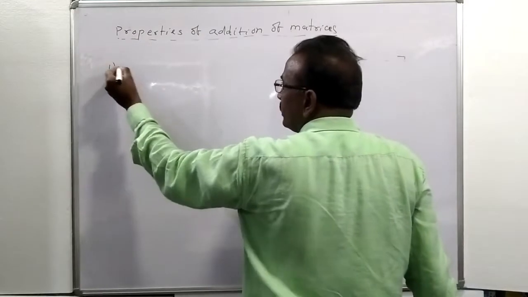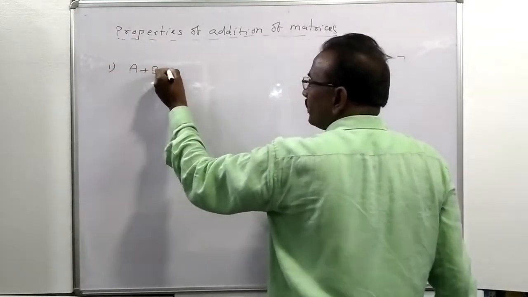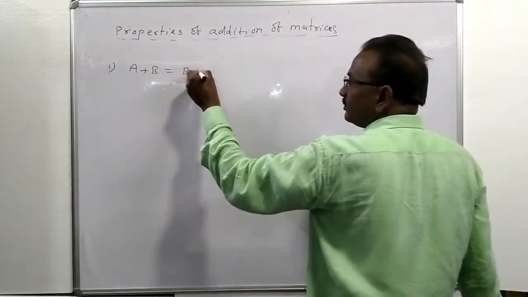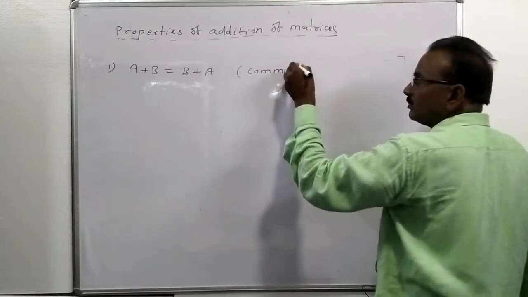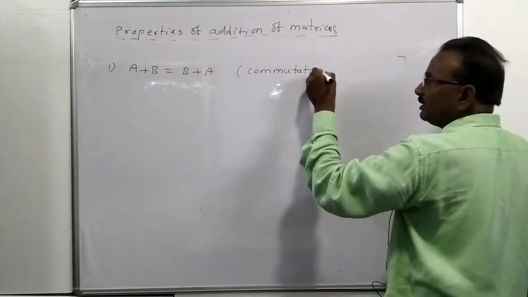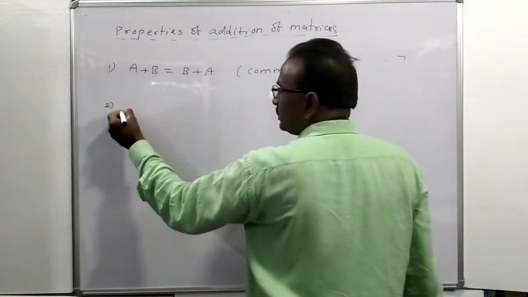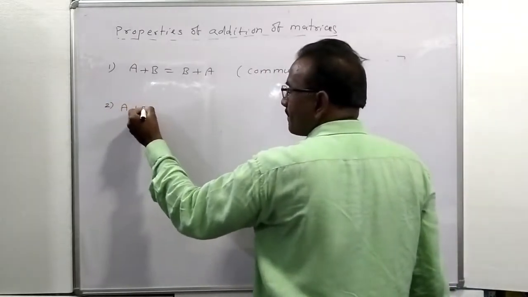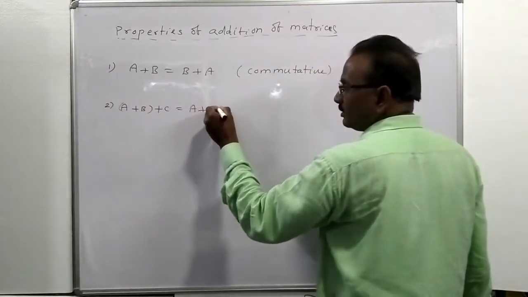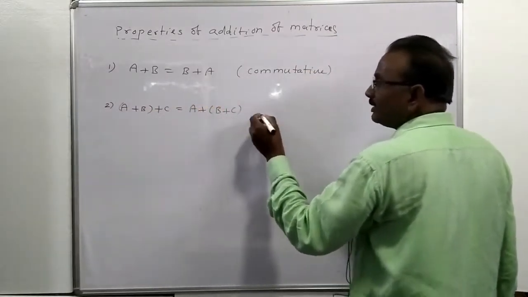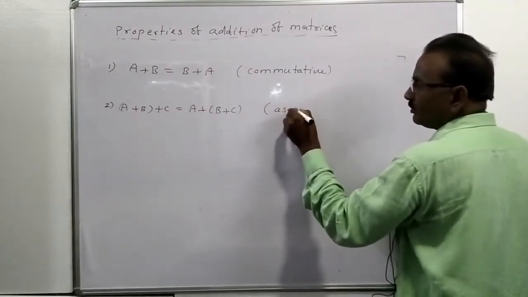The first one is A plus B is equal to B plus A. That is commutative. Matrix addition is commutative. Second one is A plus (B plus C) is equal to (A plus B) plus C. That means matrix addition is associative.